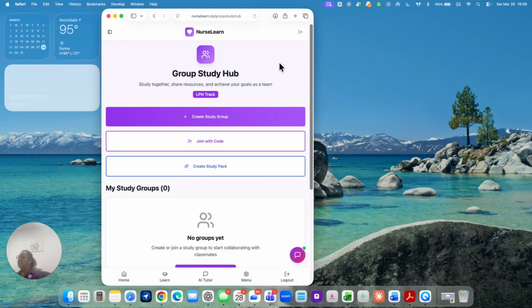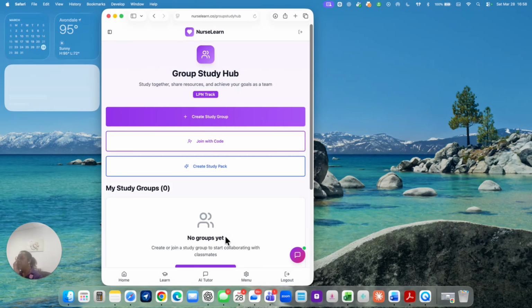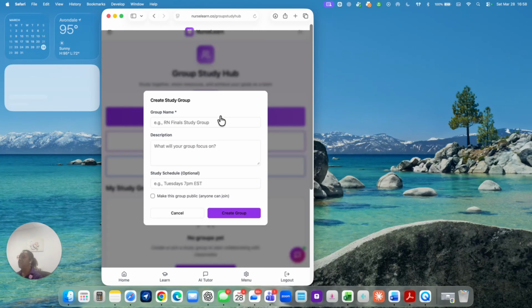Group study. I don't have anybody in a group right now, but you can create groups with others. What you would have to do is create a study group and you can call it LPN of Arizona or something. I'm in Arizona. So, hey, Arizona LPNs, let's study together.